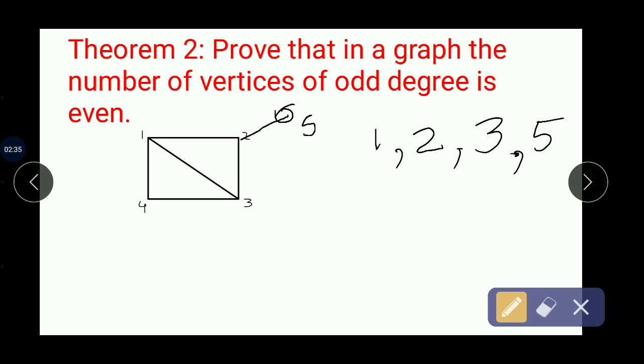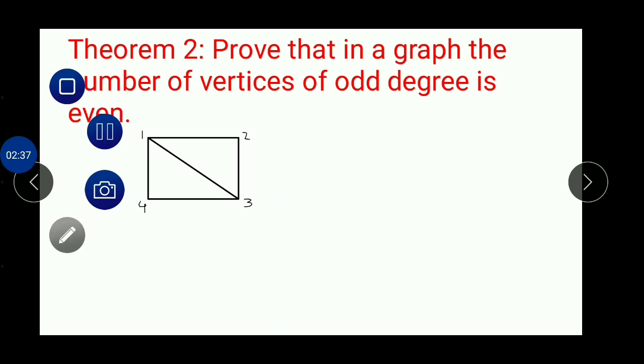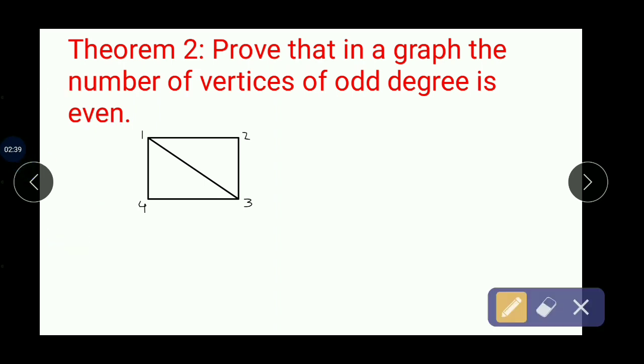Suppose I add vertex 5 at this point instead. Now I see that 1 has odd degree, and 5 has odd degree. 2 doesn't have odd degree, 3 doesn't have odd degree, and 4 doesn't have odd degree.